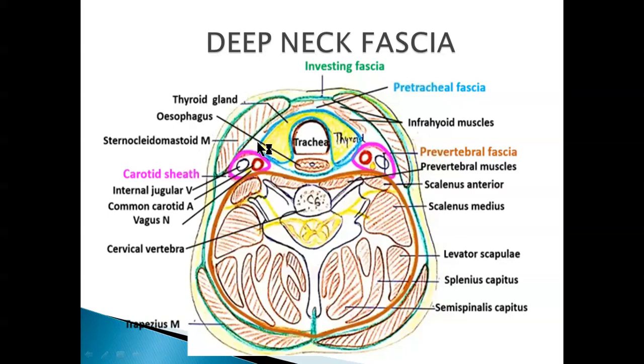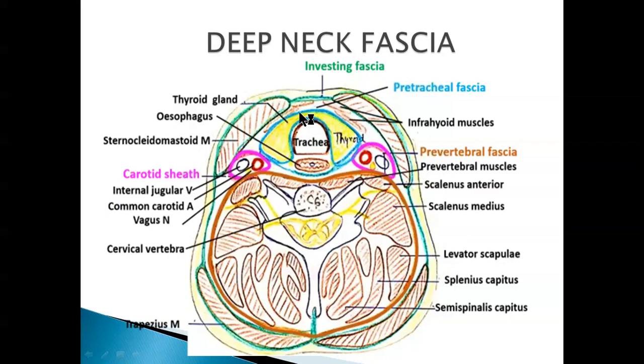Now, pretracheal fascia and investing fascia, in this area they would unite somehow. It's not shown clearly in this picture; I will show it in an upcoming slide. They get joined together. So pretracheal fascia again is a part of your deep neck fascia, and it's in front of your trachea and bilaterally over here.